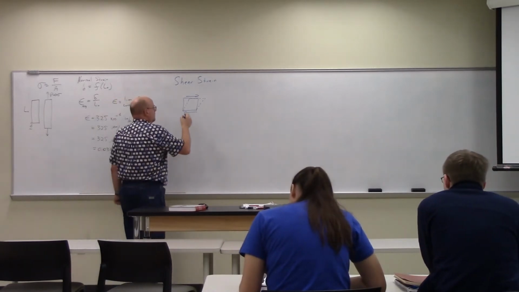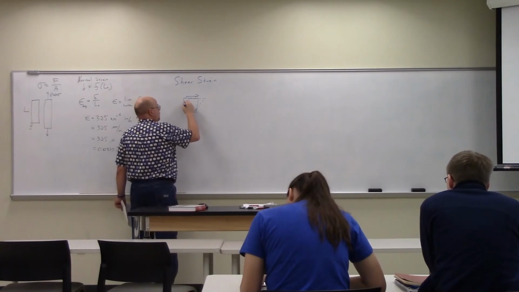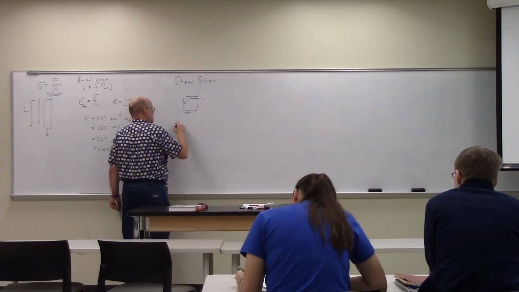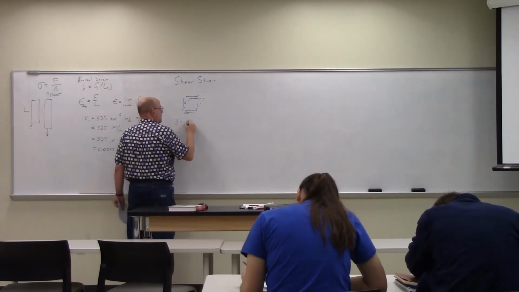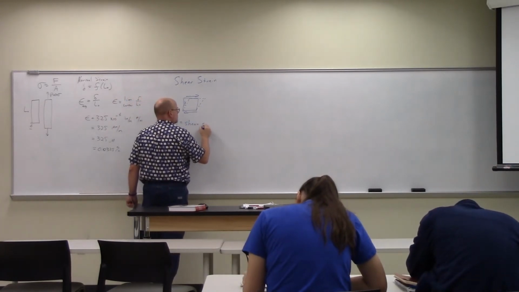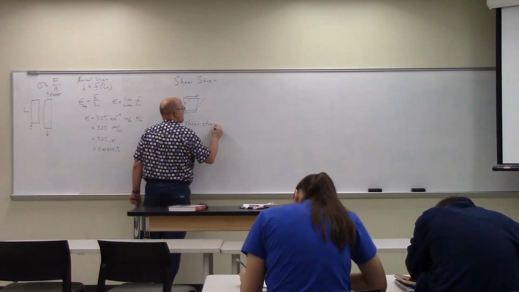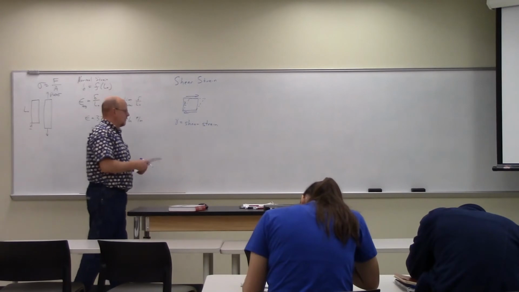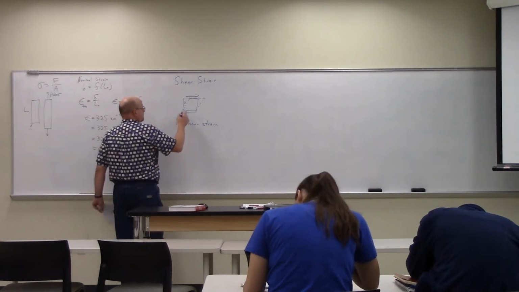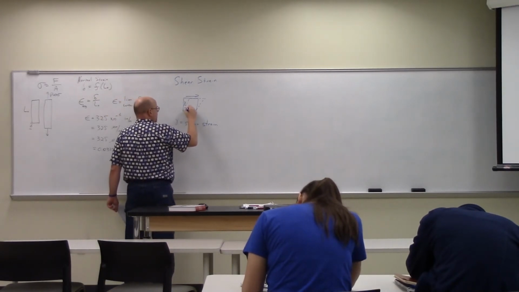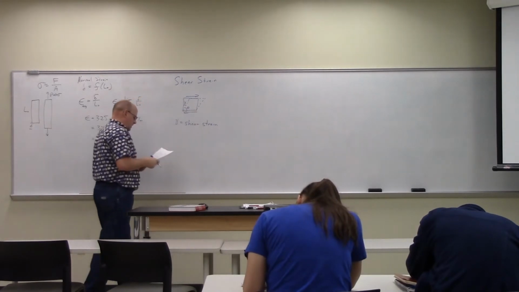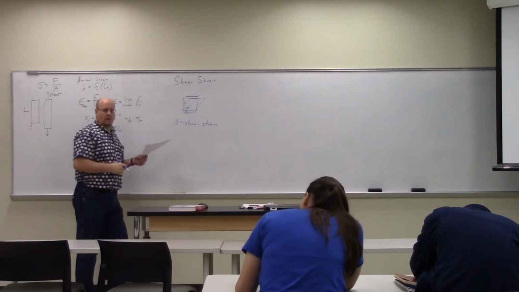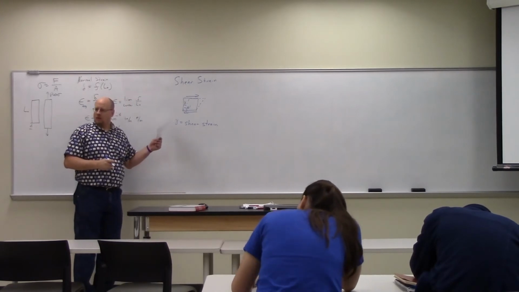We measure the amount of deformation, gamma, as the shear strain. Although sometimes it might be easier to measure that angle theta, I'll actually call it theta prime.